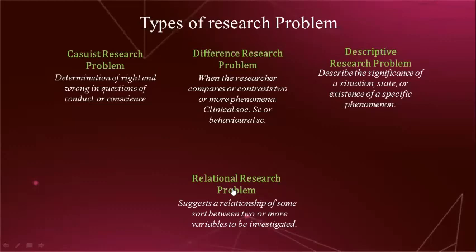You can't have a relation with a single you. That is not possible. So when it is a relation, that means two or more variables are present in that situation. A relational research problem studies the relationship between two or more research problems or two or more research variables.